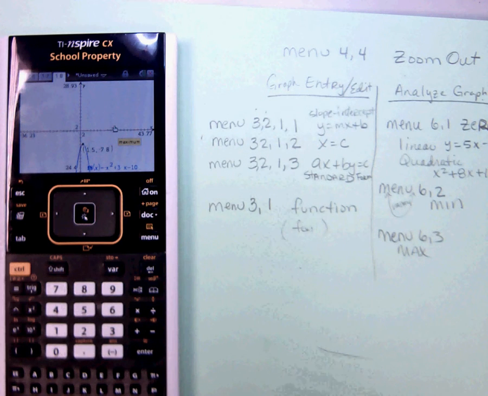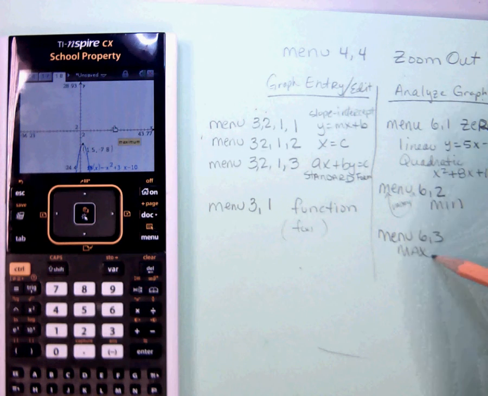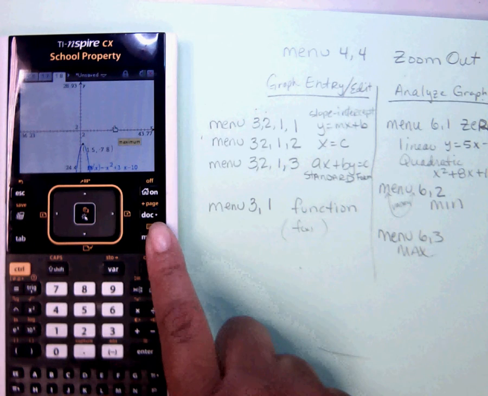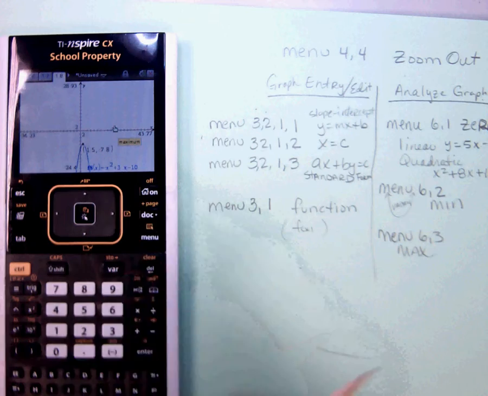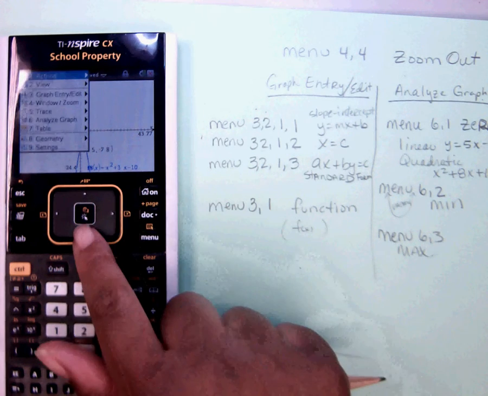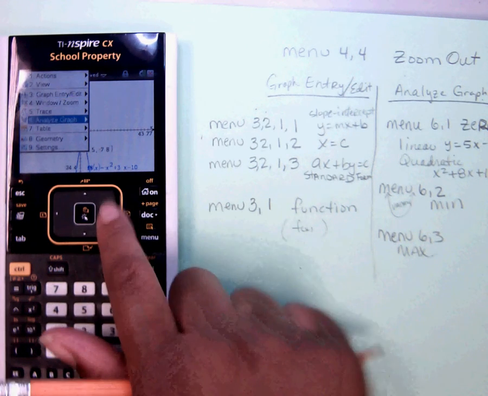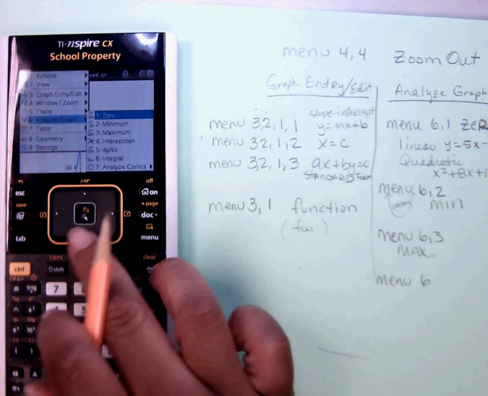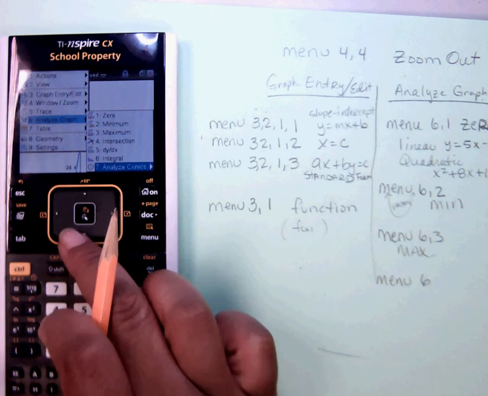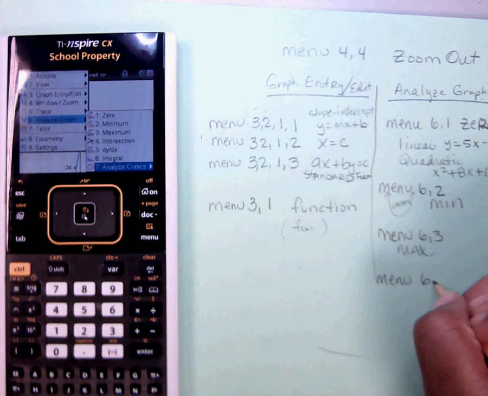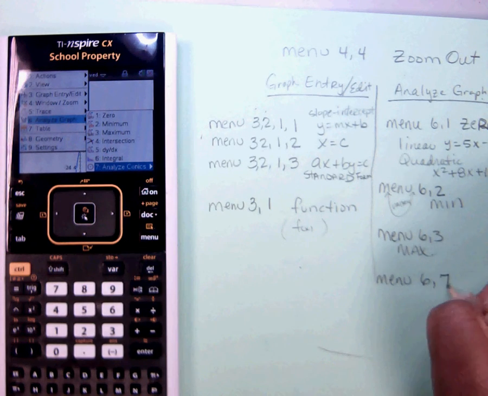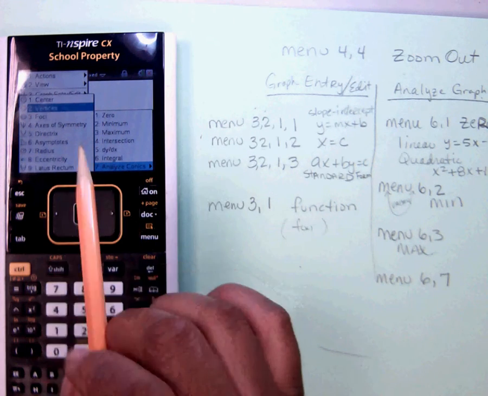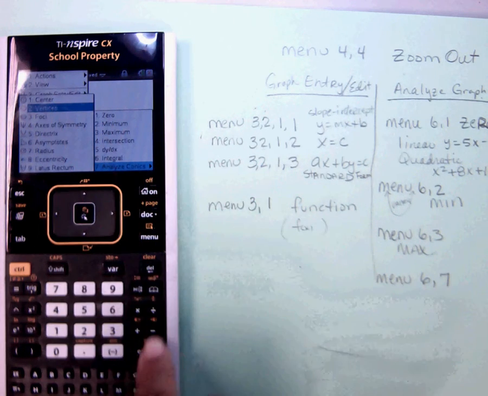Now, when you go to the minimum and the max, they also give you the vertex, so don't trip out about that. But if you wanted to find the vertex without doing that, you could. Go to menu, go down to 6, and we go all the way down to 7. So menu 6, 7, and where do you think we're going to go? Vertices.